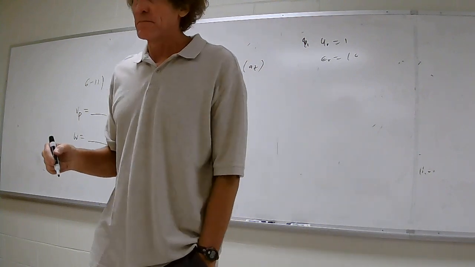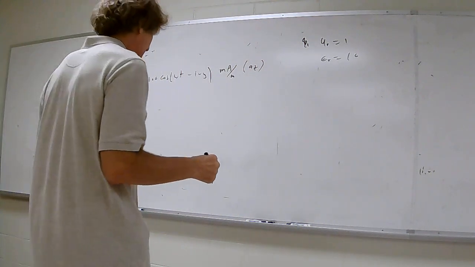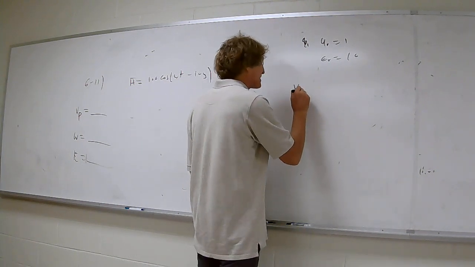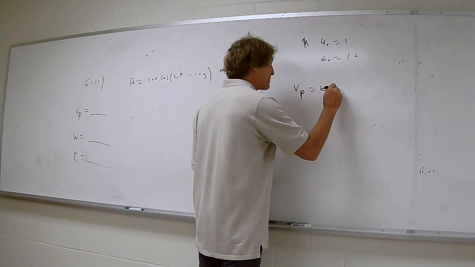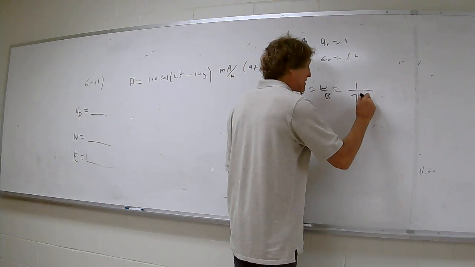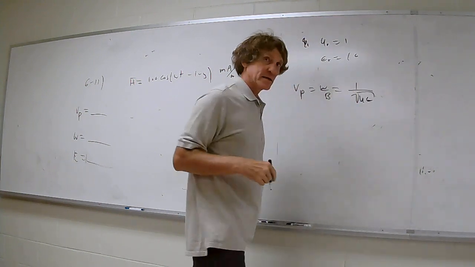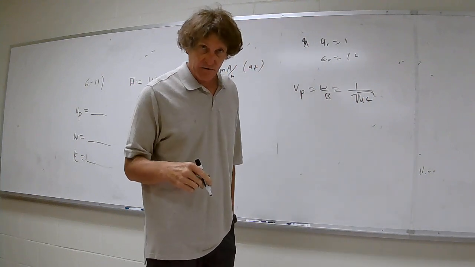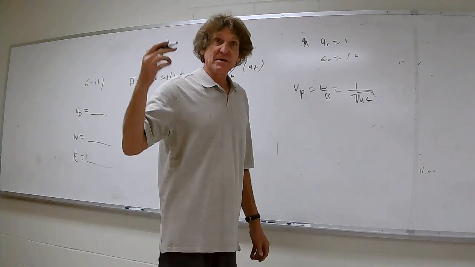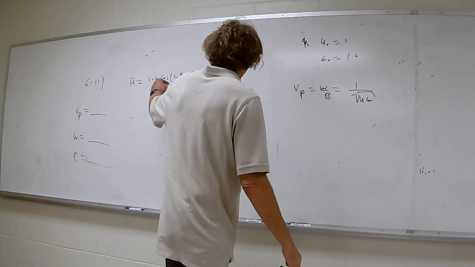It'd be c over the square root of 16. The only thing you have to do is say c over the phase velocity, which really is omega over beta, but if it's lossless, it's just 1 over the square root of mu epsilon. You can prove that by going back to gamma, because alpha is 0. Y'all agree alpha is 0? There's no e to the minus alpha anything times y.